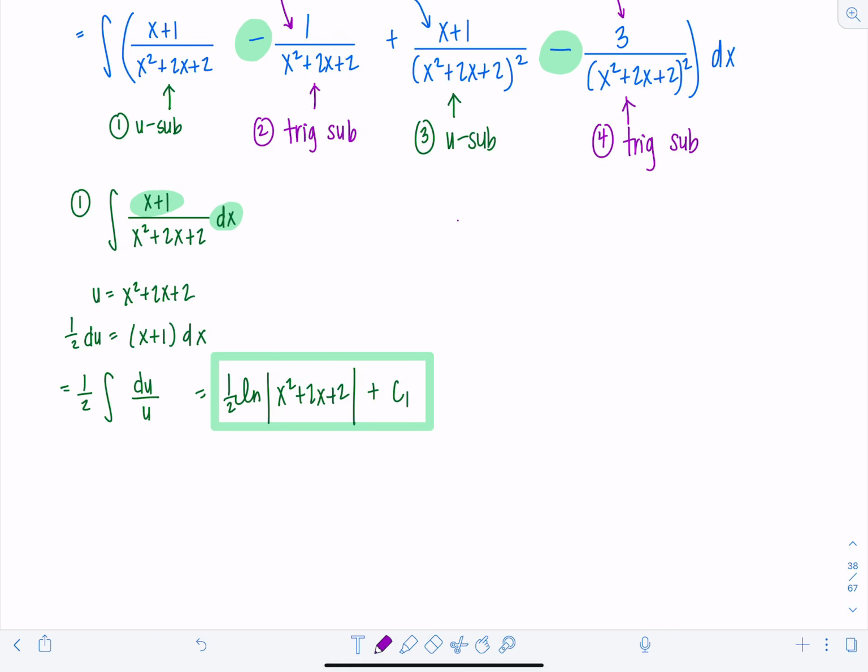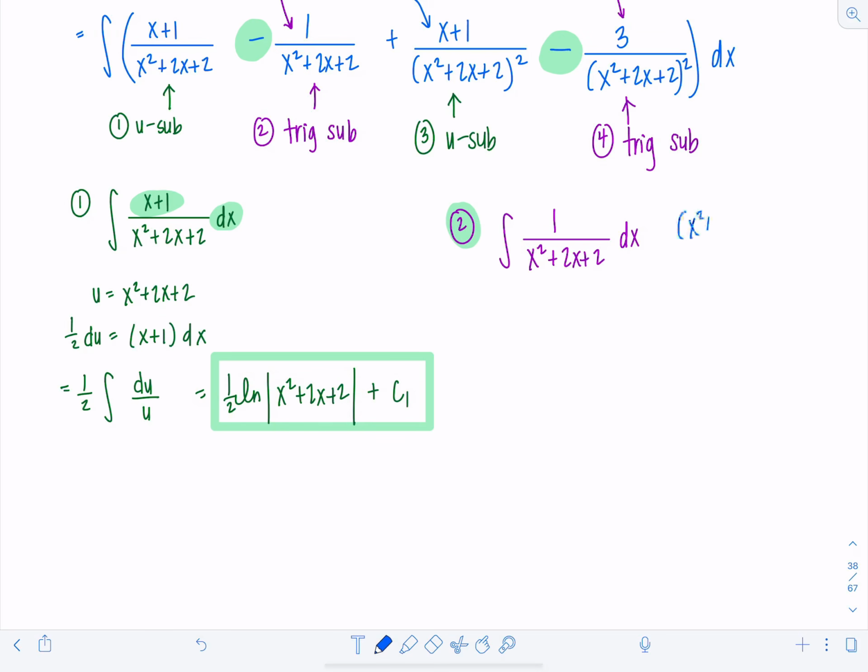Okay, trig sub time. Don't forget this one we're going to have to subtract. So we have integral 1 over x squared plus 2x plus 2 dx. Perhaps you remember from the video on using trigonometric substitution. If you don't, I'll link it right here. We're going to complete the square in the denominator.